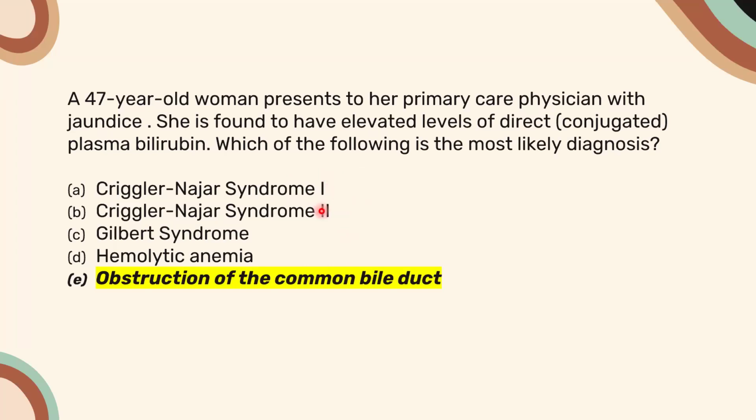In type 2, it's not absent, but decreased levels of the UDP enzyme are present. So again, an elevation of the indirect bilirubin. In Gilbert, again, decreased activity of the enzyme. And in hemolytic anemia, there is a lot of indirect bilirubin being produced because red blood cells are being broken down. So this is your answer: because she has direct hyperbilirubinemia, conjugation is happening, but the bile isn't able to come out. So there's an obstruction somewhere.